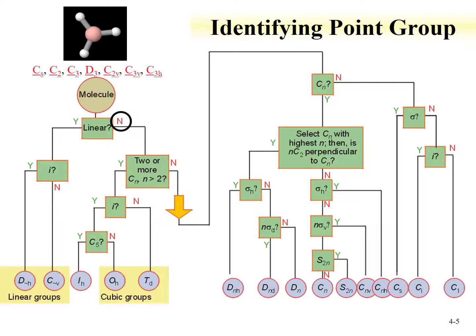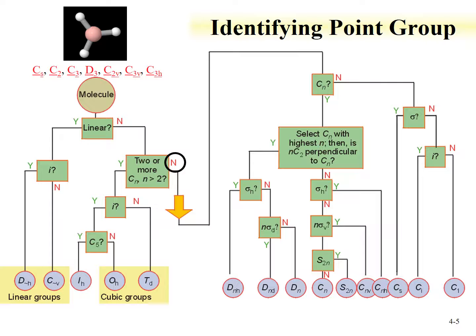That's a C3 axis. But there's no other ones here. I could do this twice. I can do this one twice and this one twice. And as we see here, this is designated as C3. So there's only one C3 where n is greater than 2. So we're going to have to say no for this one.